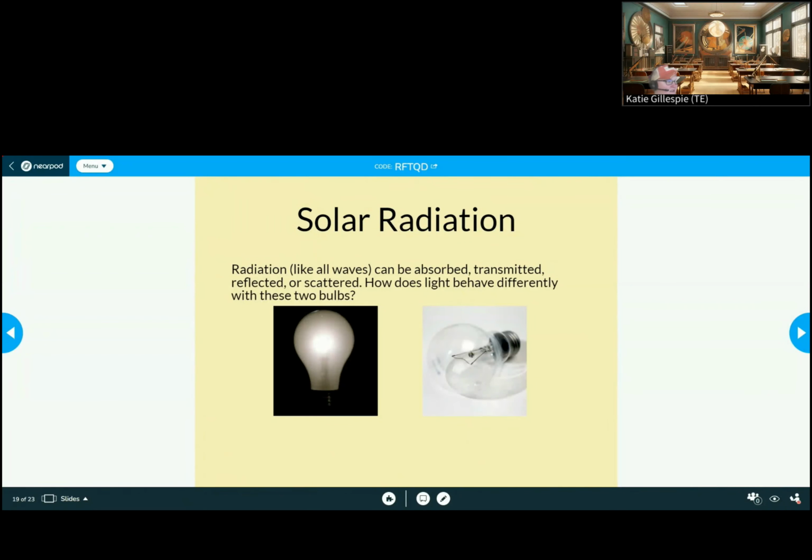In a face-to-face class, I would ask my kids, are you seeing all of it or are you seeing part of it? Is it like frosted glass in a bathroom window, or a shower curtain, so that some light can get through, but not all? Or is it perfectly transparent, right?